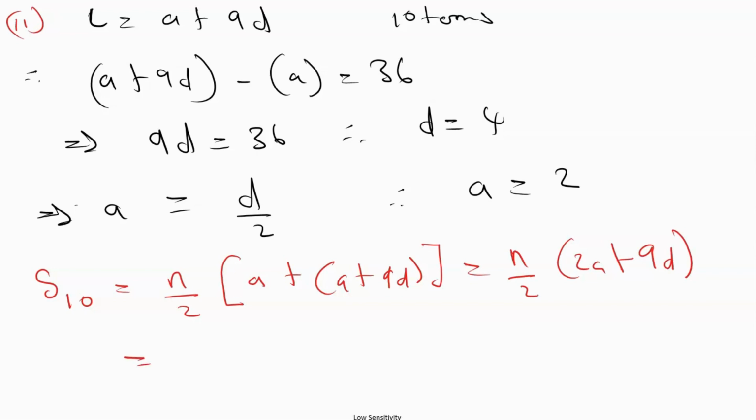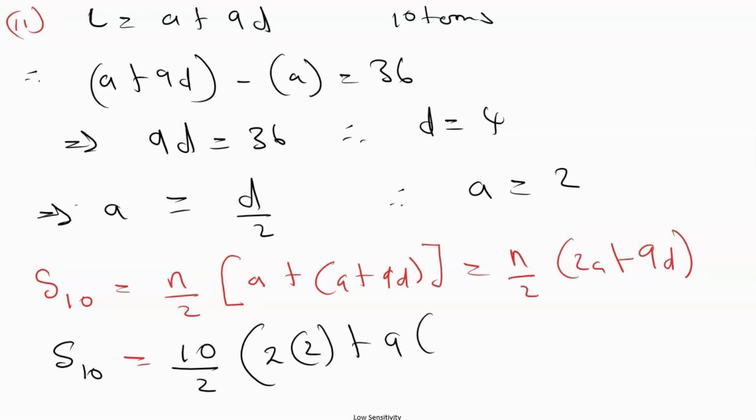Therefore the sum is 10 over 2 times (2 times 2, where a equals 2, plus 9 times 4, where d equals 4). If we simplify this, we should be able to show that this is 200.